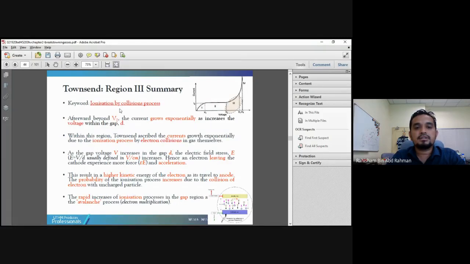And then ionization by collisions in region 3. How does that happen? Maybe try to summarize by yourself for each region with 1 or 2 sentences. What is most important in each region? Try to address 1 or 2 important keywords or sentences for each of these 4 stages.